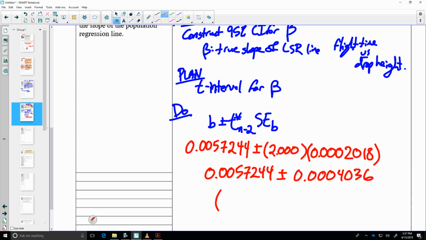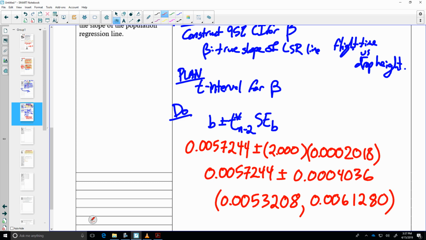Dangerous times here. 0.0053208, I think. And top side 0.0061280. I think that's right. Check my math. Did that in my head. Might be wrong. Been wrong before.